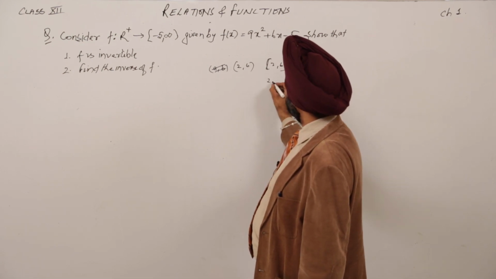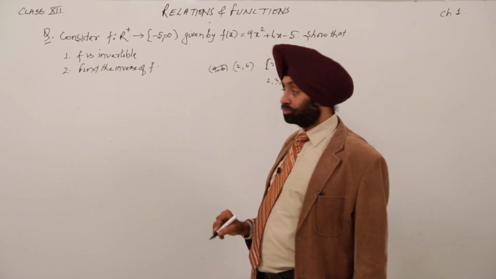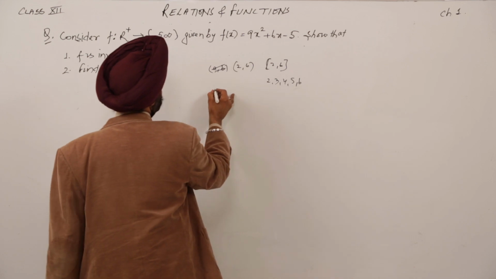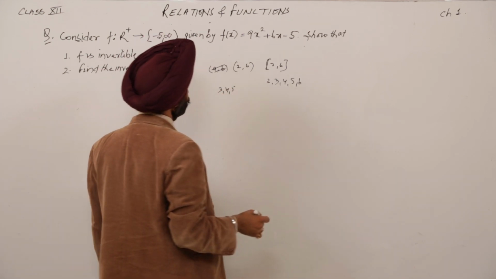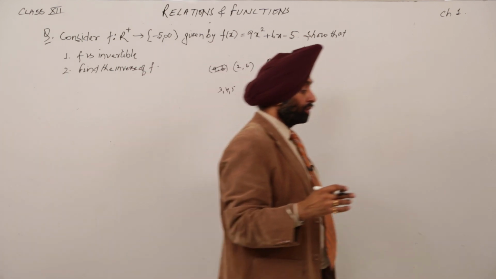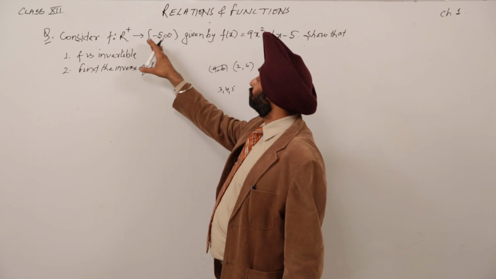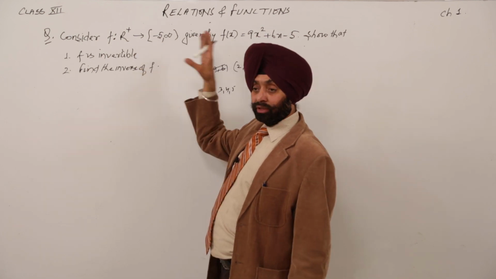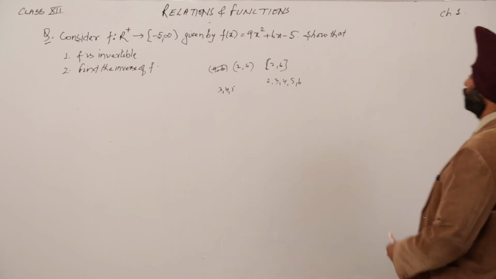Closed interval means starting from 2, 3, 4, 5, 6 if it is a set of natural numbers, and for the open one, whatever is in between 2 and 6, that is 3, 4 and 5. The bracket is closed, and for infinity it is always open. So we always use infinity with the open bracket.